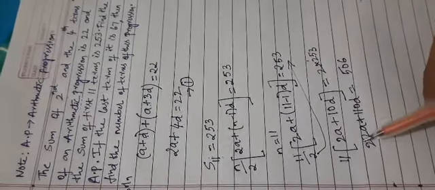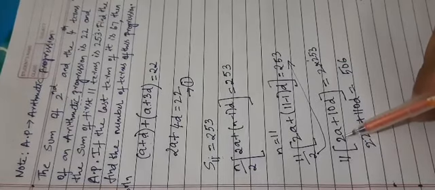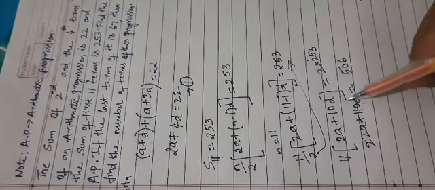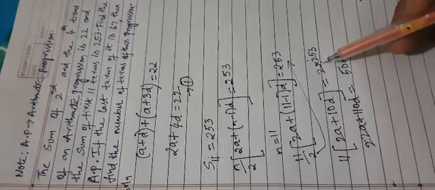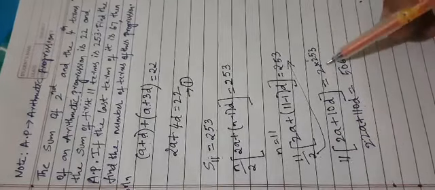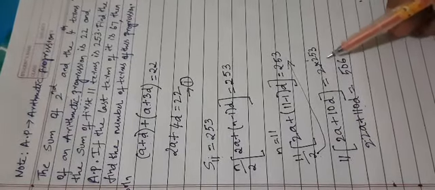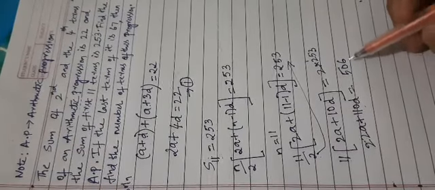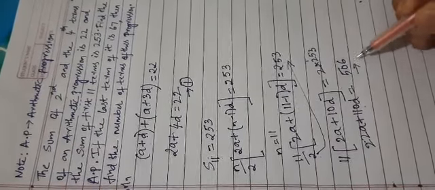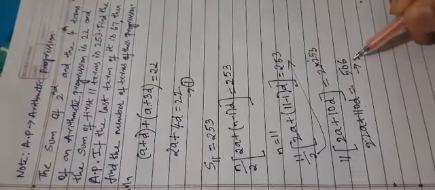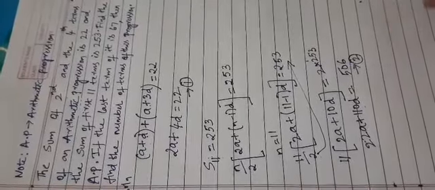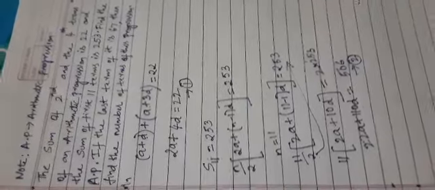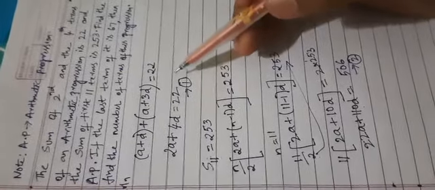So 11 into 2a is 22a, 11 into 10d is 110d, and the cross multiplied term 2 into 253 is 506. So let me consider this as equation 2.